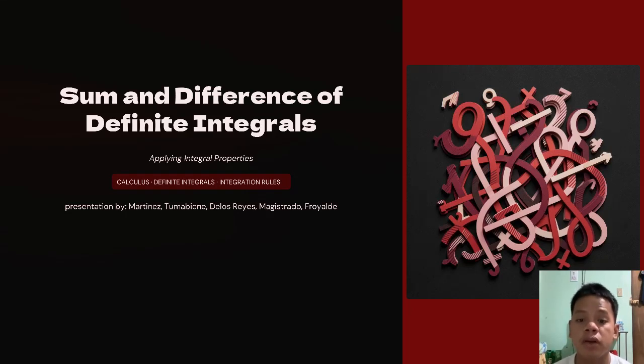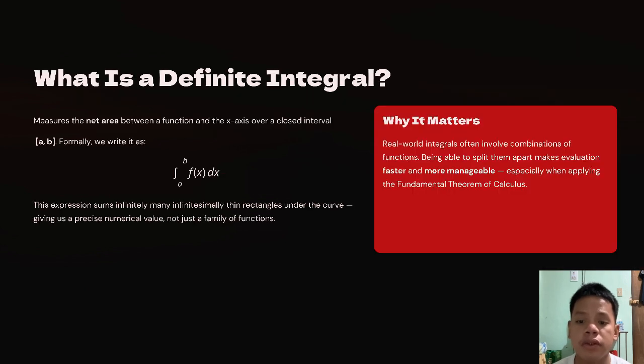Before we dive into our core topic, we must understand the engine that drives it. The definite integral. In calculus, a definite integral is the mathematical tool we use to calculate the net signed area between a function and the x-axis over a closed interval from a to b.